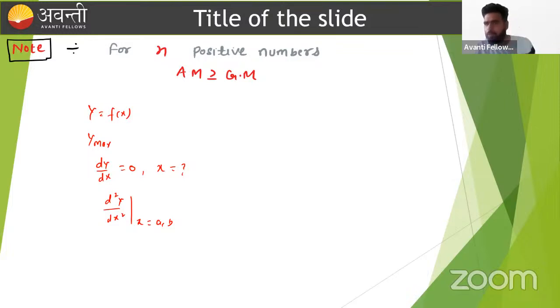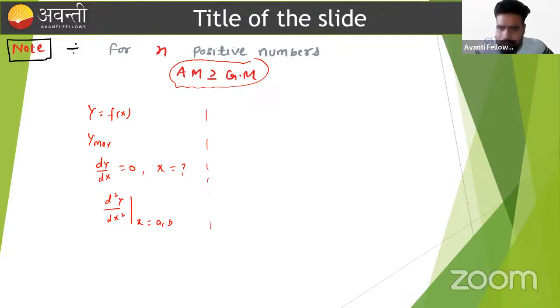But this is a lengthy, time-consuming procedure. Sometimes, if we remember that for positive numbers their arithmetic mean is always greater than or equal to their geometric mean, we can solve the problem within a minute, under 50 seconds. Most problems of physics and mathematics can be solved this way.